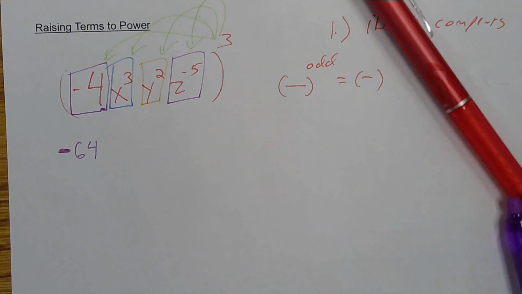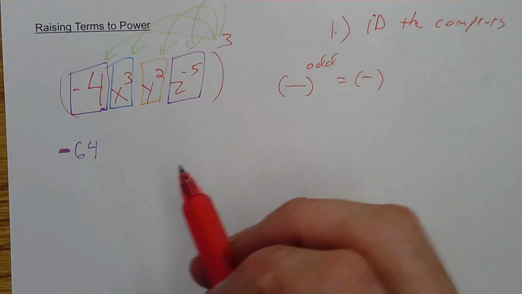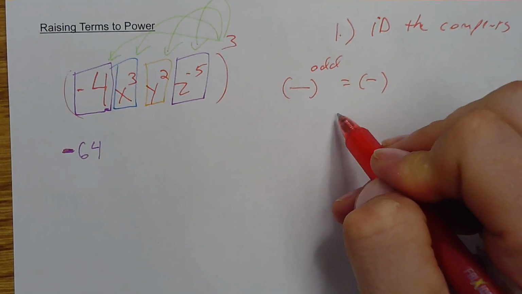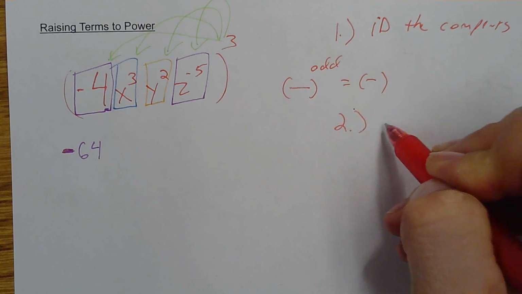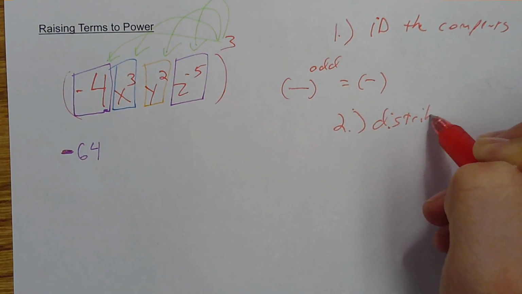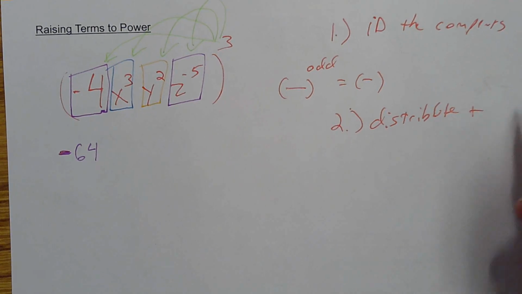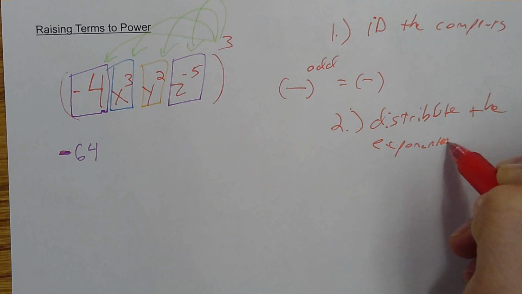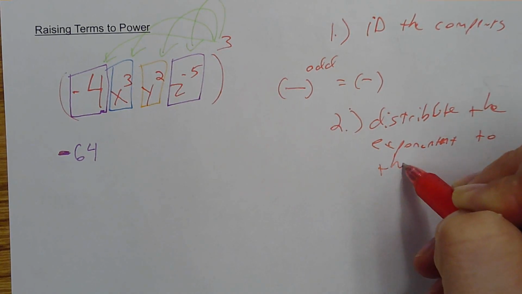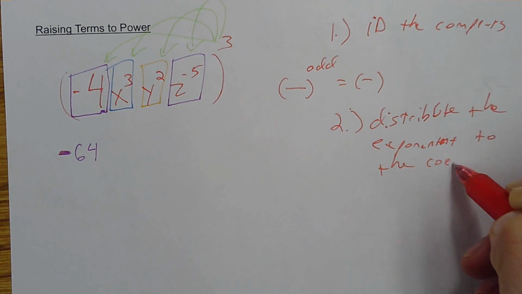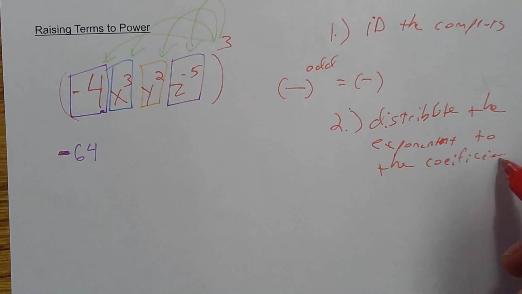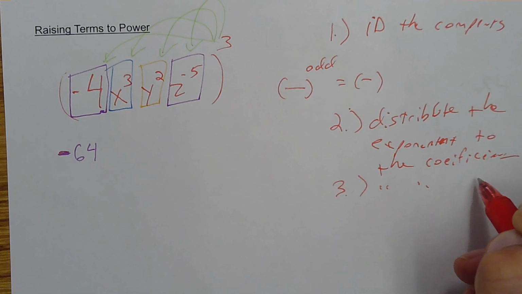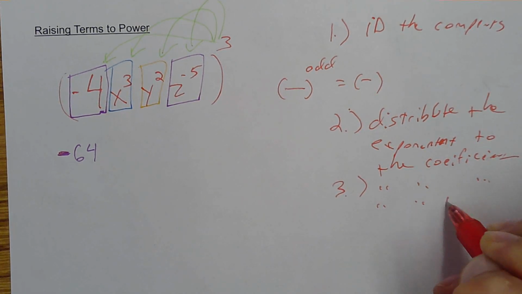Step 2, distribute the exponent to the coefficient. That's what we did here. Step 3, distribute the exponent to the variables.